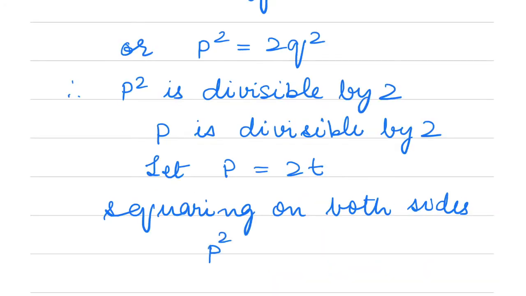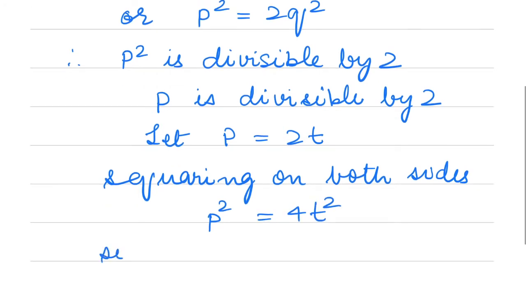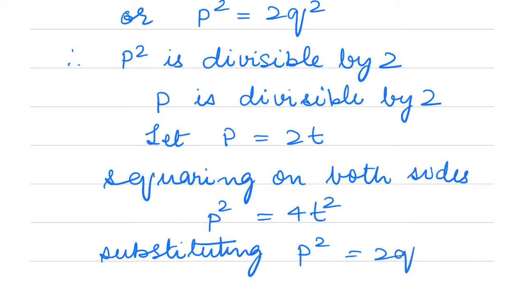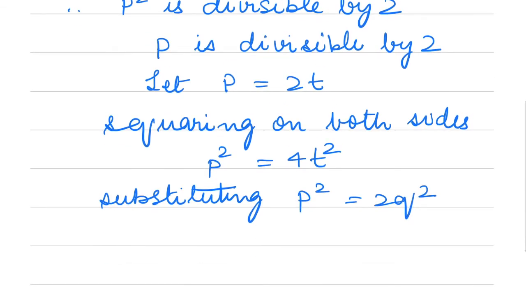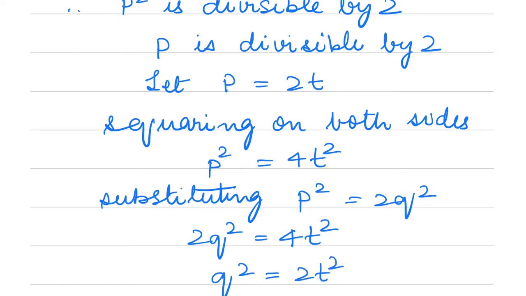We get P square is equal to 4T square. Now substituting P square is equal to 2Q square from the previous thing. We get 2Q square is equal to 4T square, or I can say Q square is equal to 2T square.